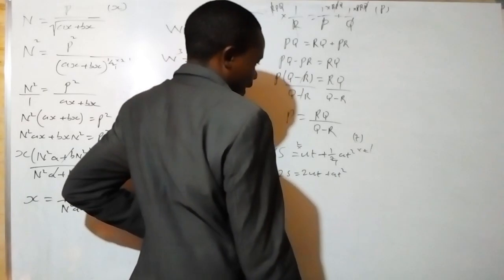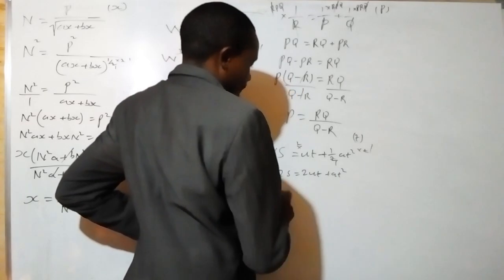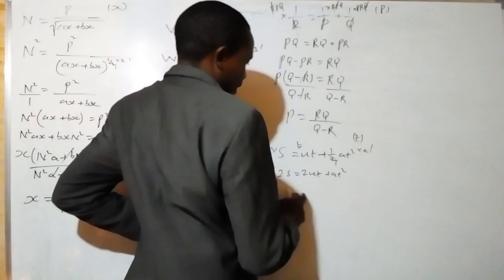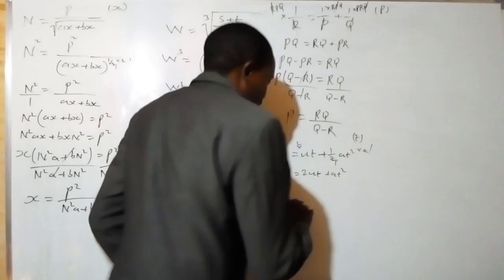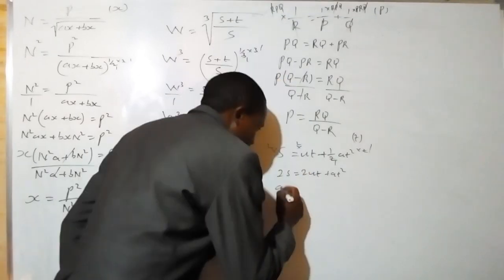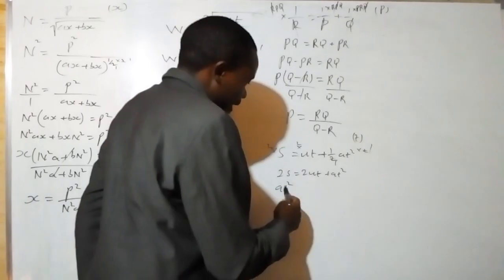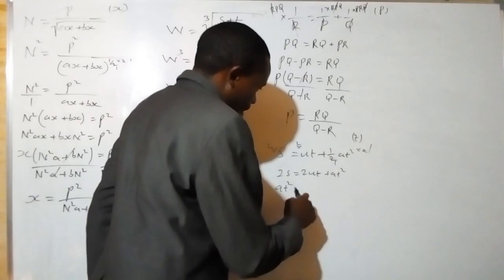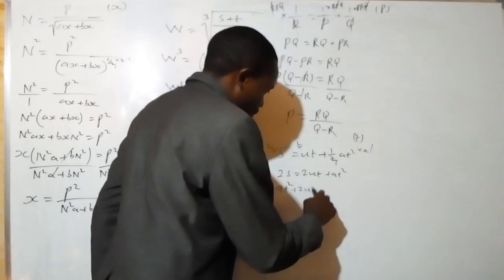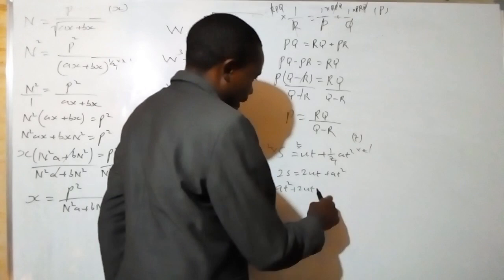Then after that, we can rearrange. We are going to rearrange and say at squared plus 2ut minus 2s.